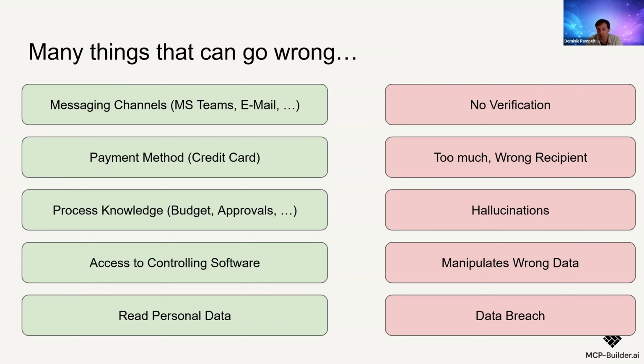That's not possible. Payment, I think, is pretty clear. Because it makes a mistake, it can suddenly send too much or to wrong recipients, etc. Process knowledge: we all know LLMs hallucinate, so it can make some stuff up and do wrong approvals. Then it can manipulate wrong data in our controlling software, of course also delete something, as well as cause data breaches on personal data.